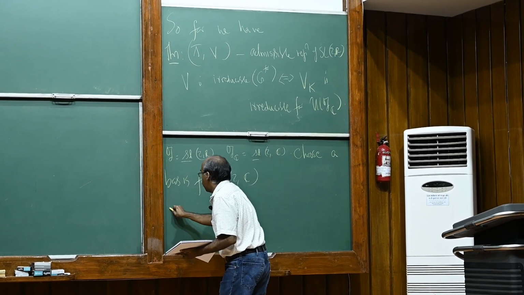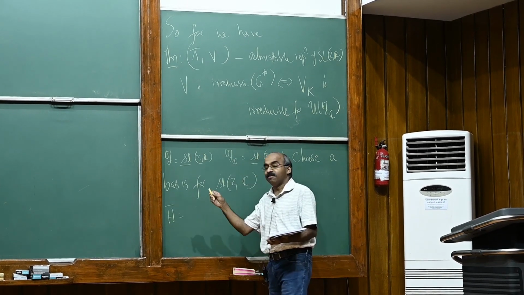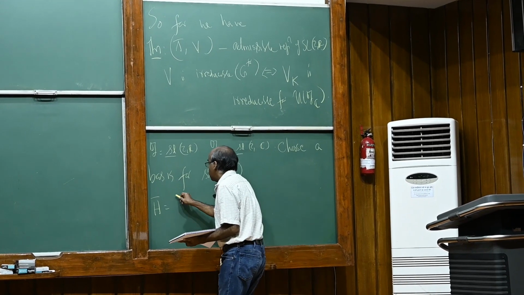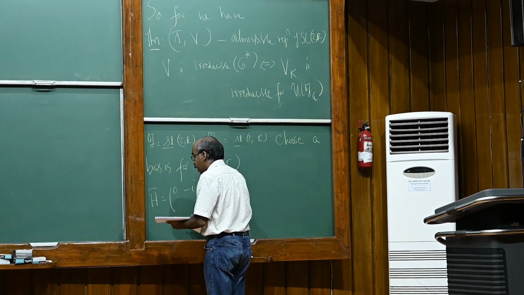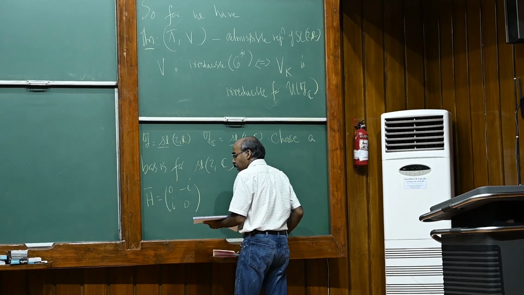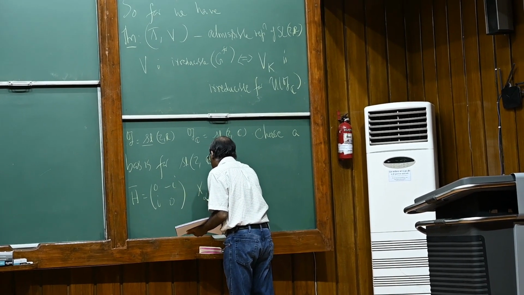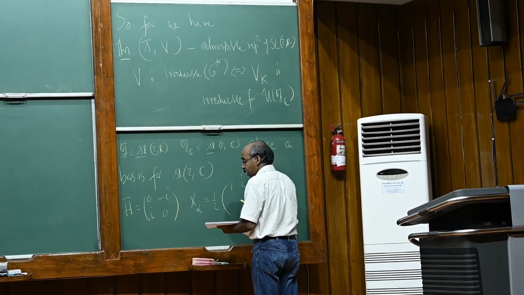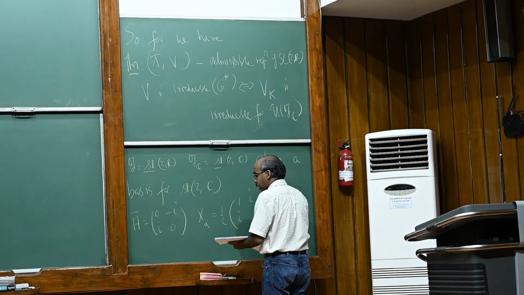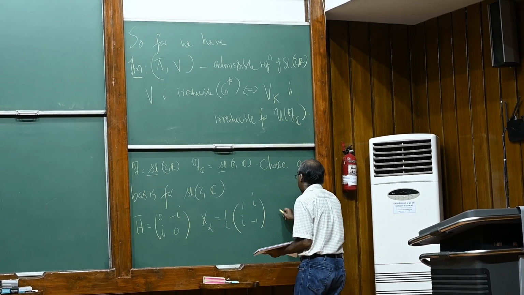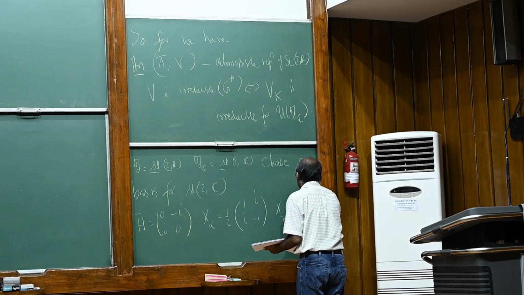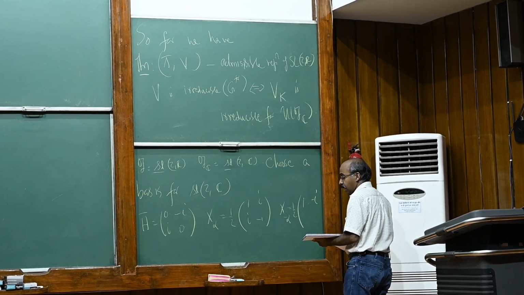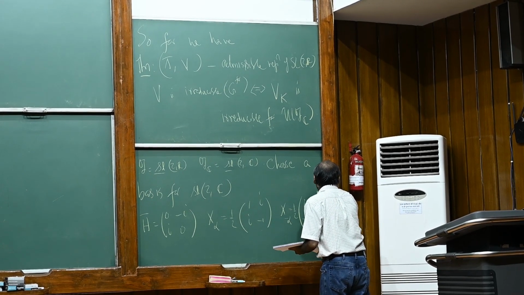But let me write down H bar. This is different from the X we have been using before or in other lectures. So this is (0, -i; i, 0). Then I have X alpha, which is 1/2 (1, i; i, -1), and X minus alpha, which is 1/2 (1, -i; -i, -1).